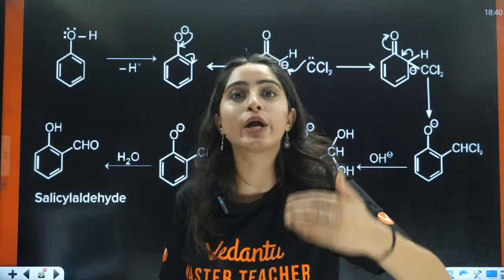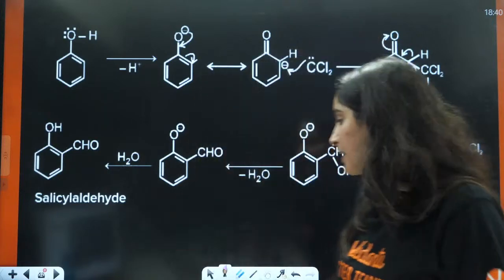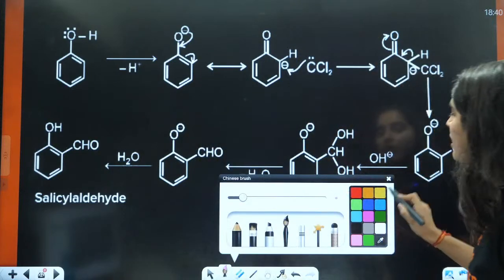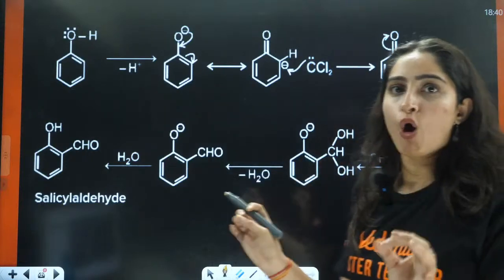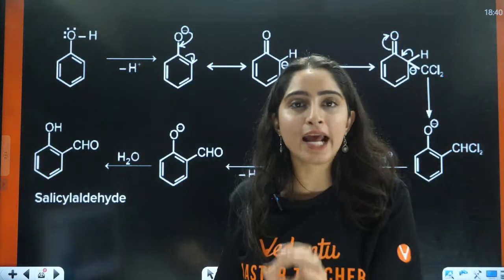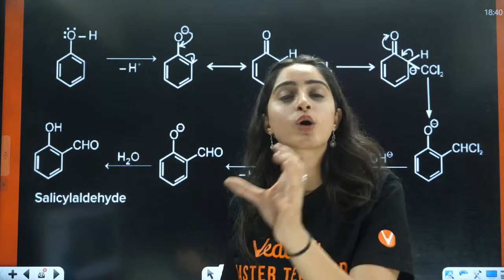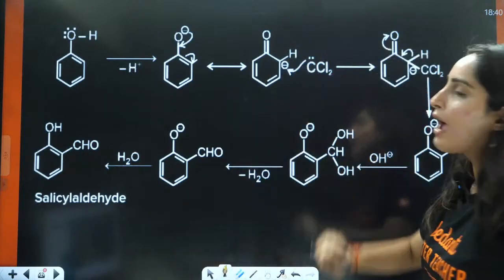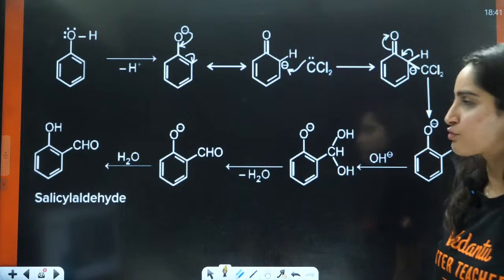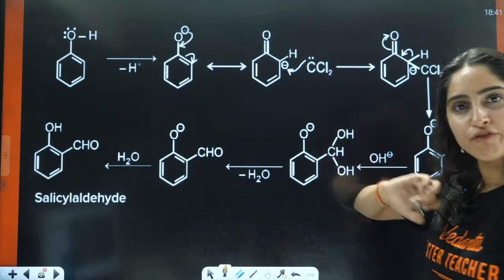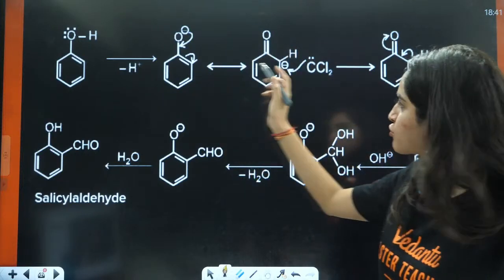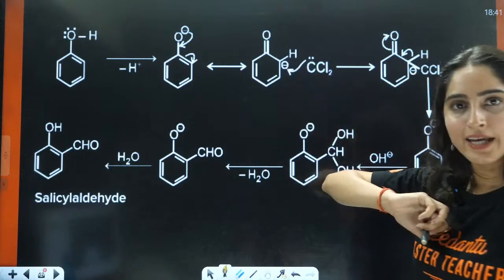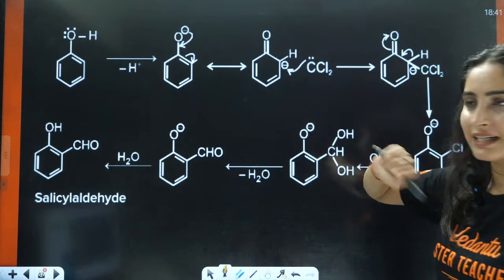How are the things going to change after this? See this very carefully. Now the electrophile is not carbon dioxide, the electrophile is dichlorocarbene, that is CCl2, and these 2 dots here are the 2 electrons. So this is electron deficient, as I told you, because it has 6 electrons. It is going to attack here. This is your negative, this is positive.